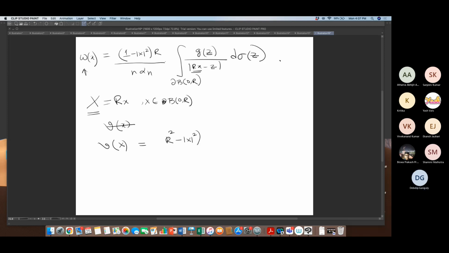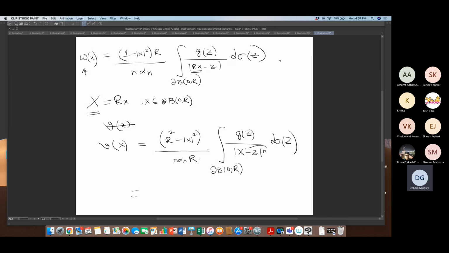If you write it down, you will get it like this: (R² − |X|²) over nα(n)R, integral over ∂B(0,R) of g(z) over |X − z|^n dσ(z). So this is the Poisson kernel for any R. So I can write this as the integral over ∂B(0,R) of K(X,z) g(z) dσ(z), capital X.